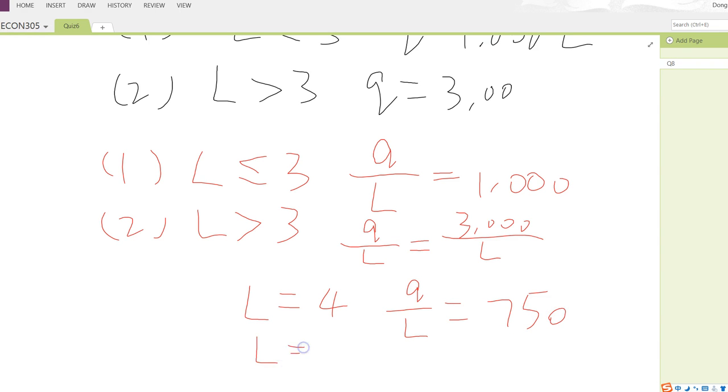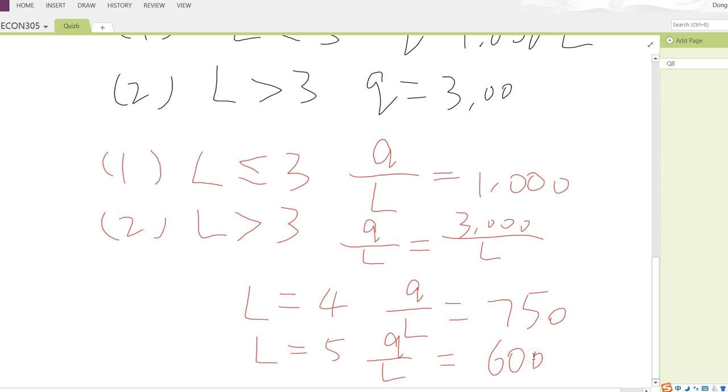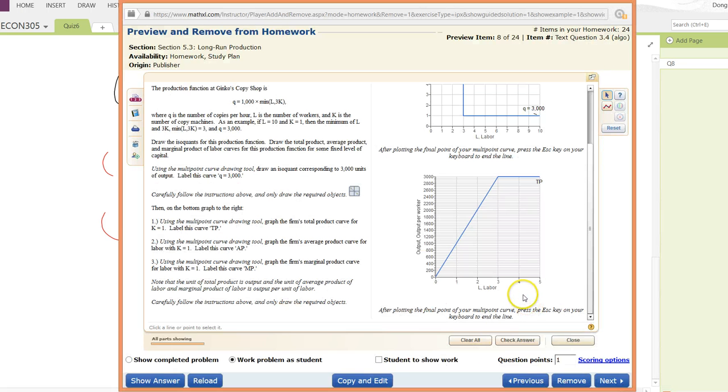So when L equals 5, Q divided by L, which is 3000 divided by L, that's 600. I will calculate these numbers because later on we want to fix the curves, so we need to know some quantities on this graph in order to fix this curve.